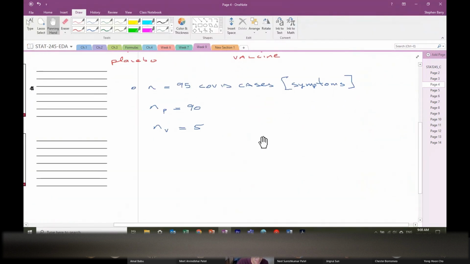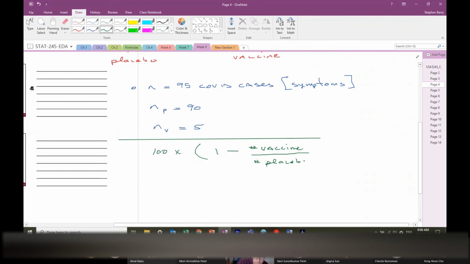As they talk about in the article I just showed you, the way they calculate it is 100 times 1 minus the number of people that were given the vaccine over the number with the placebo. And because 90 out of 95 of the people were given the placebo, this looks good, right?